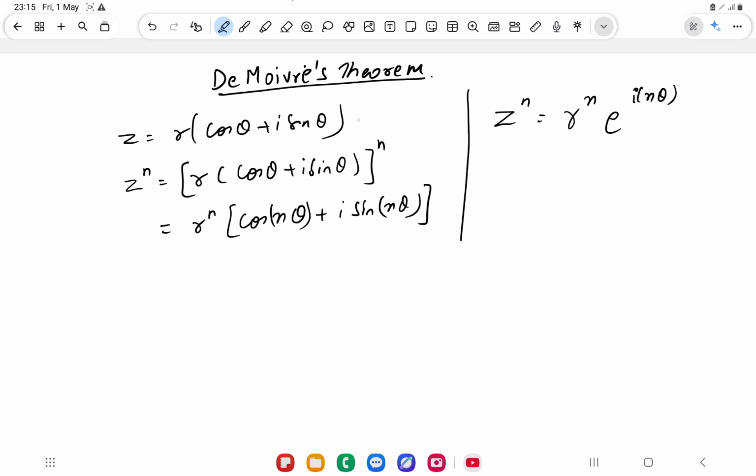And sometimes you can see in your books also, it can be written as r cis theta. Cis theta stands for cos plus i sin. So if I want to write this one, it will be r to the power n cis n theta. So the expansion of this will be this one.